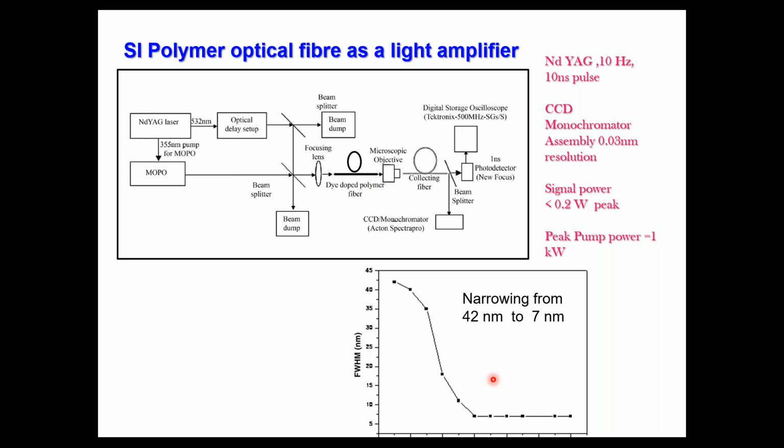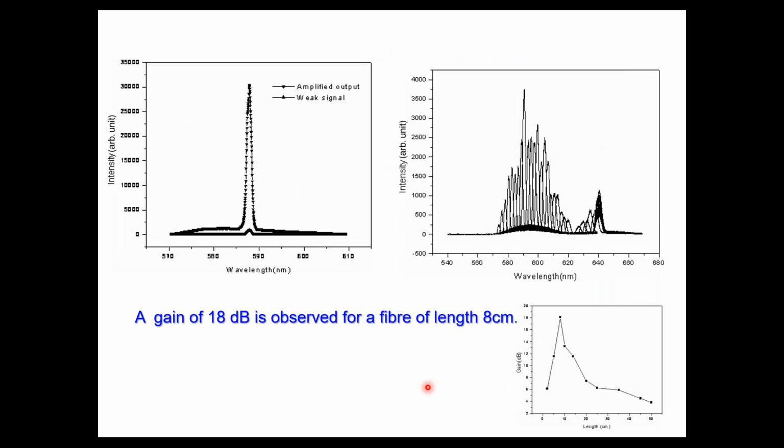We expect huge narrowing from 42 nanometer to 7 nanometer width for the emission, and also about 18 dB. This is work done in 2007 by one of the research scholars. A gain of 18 dB was observed for a fiber of length 8 centimeter.